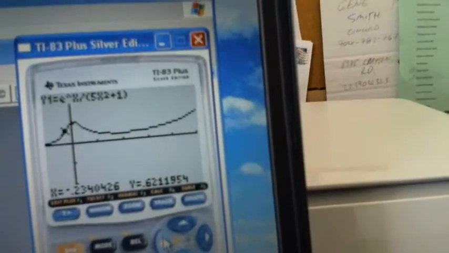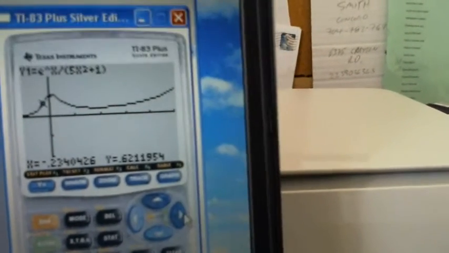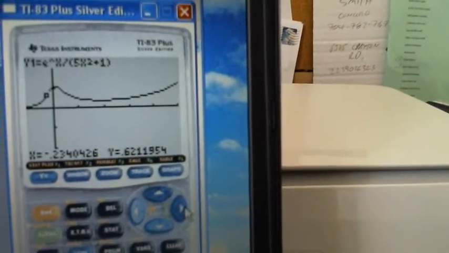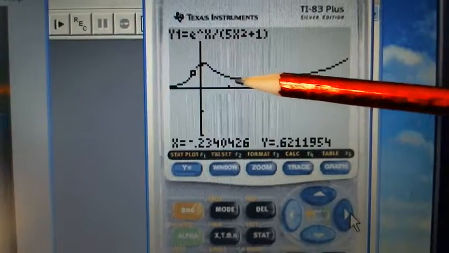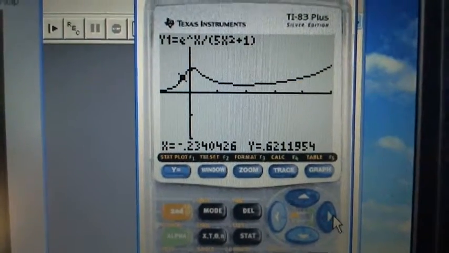So we're concave up from here. I'm sorry, incorrect. Concave down. Concave up to this point. And then we're concave up again from there on forever.